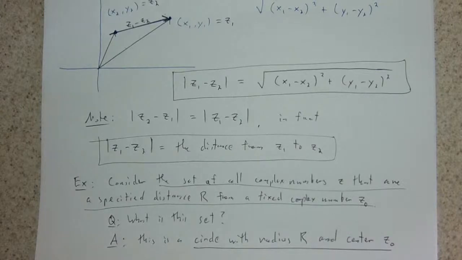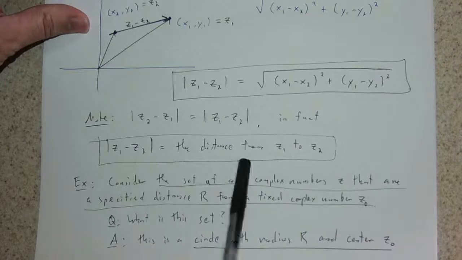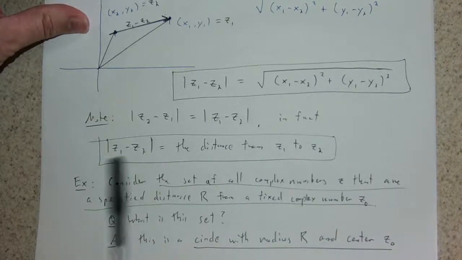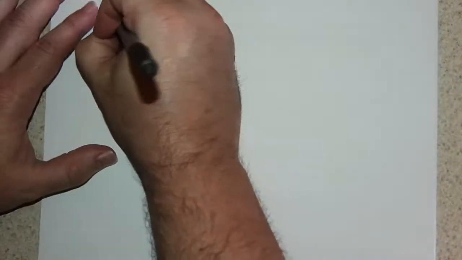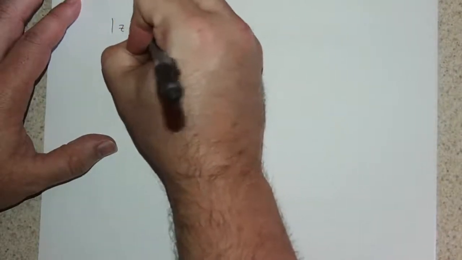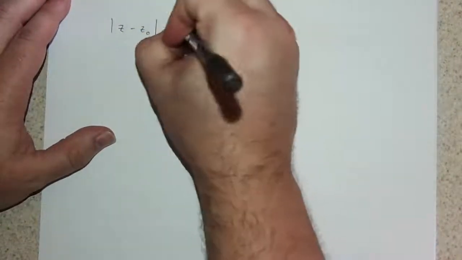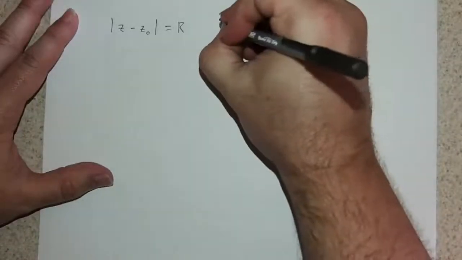Of course, how do I actually denote this circle? Now we have a means of specifying the distance between two complex points in terms of the modulus here. And so I have a complex number z. That complex number is some specified distance from a fixed number z naught, and that specified distance is r. This is the equation for a circle with center z naught and radius r.